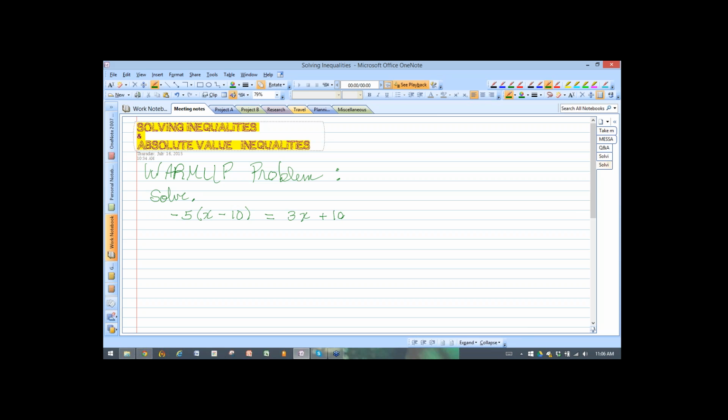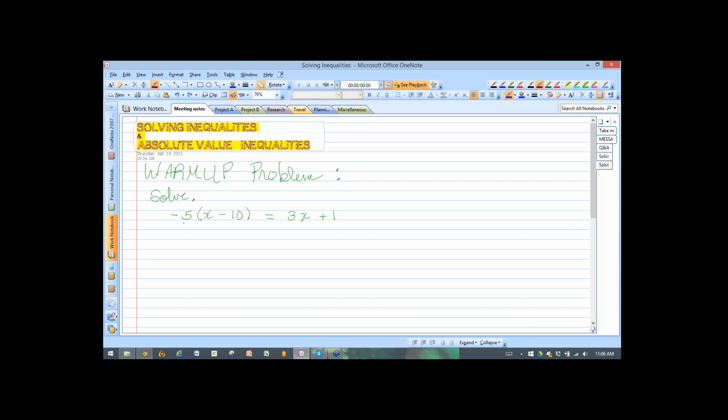Oh, excuse me, I put a 10, not 10, just 1. Just 3x plus 1. Thanks, guys. So what we want to do, of course, is take each individual side. We're not doing any switching of the sides yet. We want to take each side of this equation and we simplify it typically, right? So let's go through that.